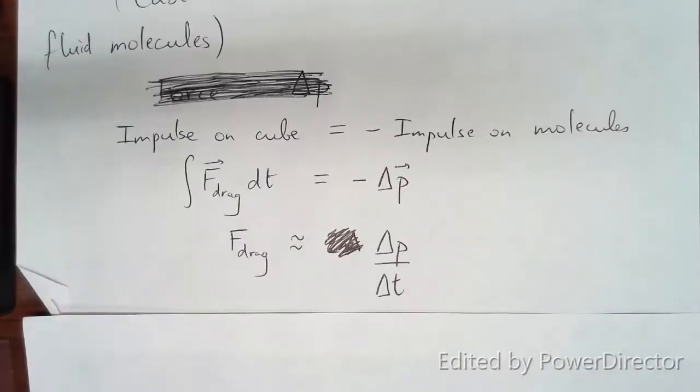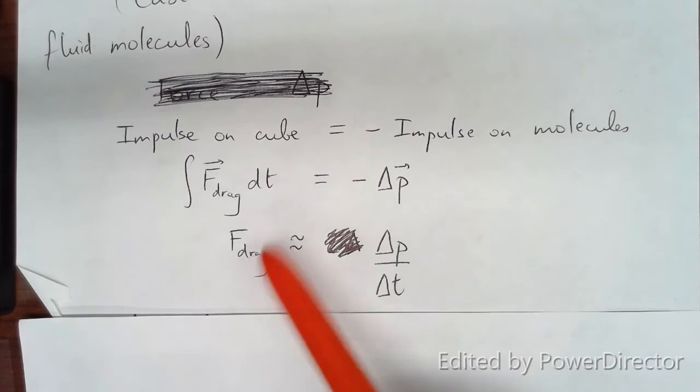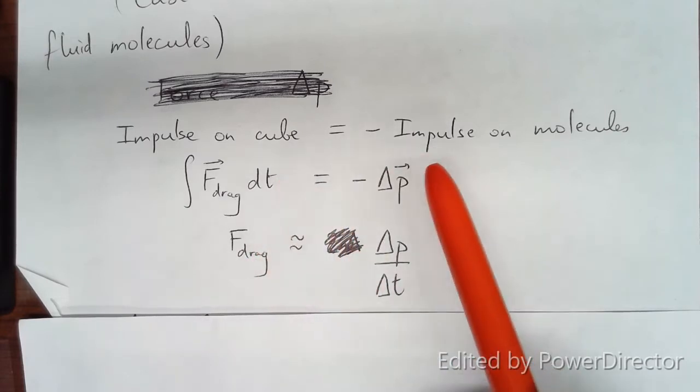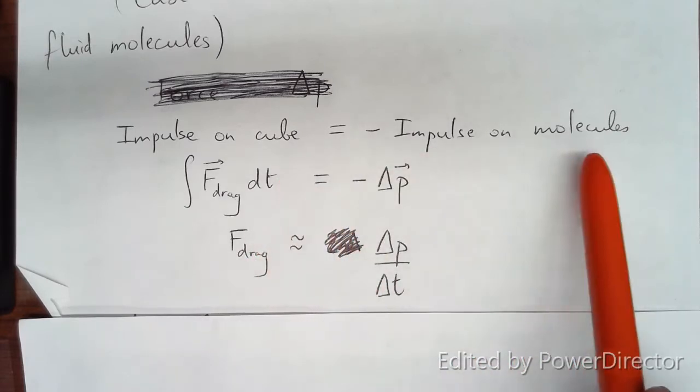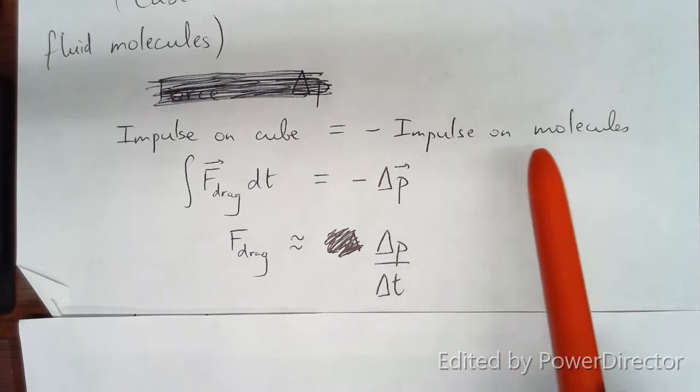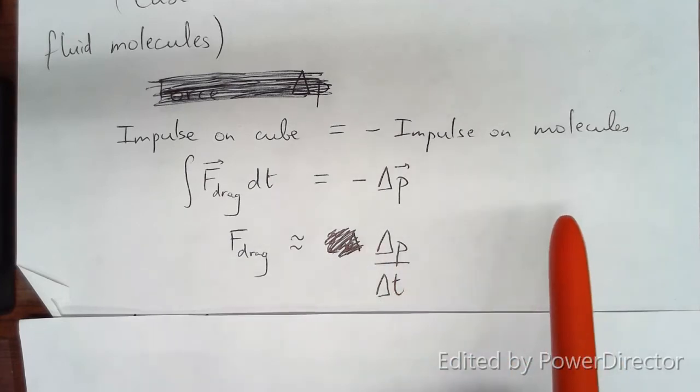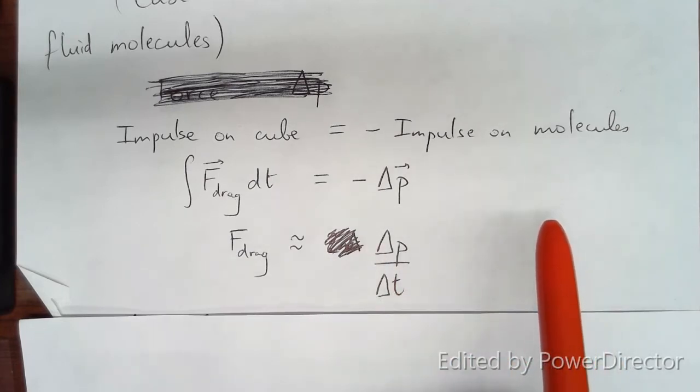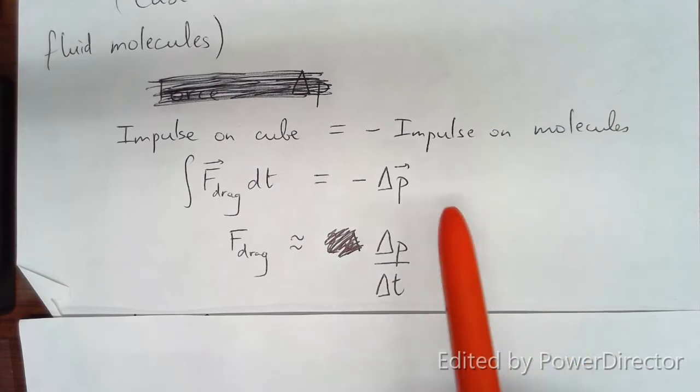We use this picture to determine what the impulse on the cube will be. If this is an elastic collision, then the impulse on the cube will be the negative of the impulse on the molecules because they are simply exchanging momentum. So the momentum lost by one part of the system will be gained by the other.